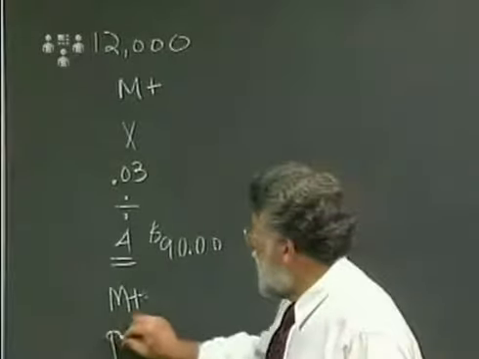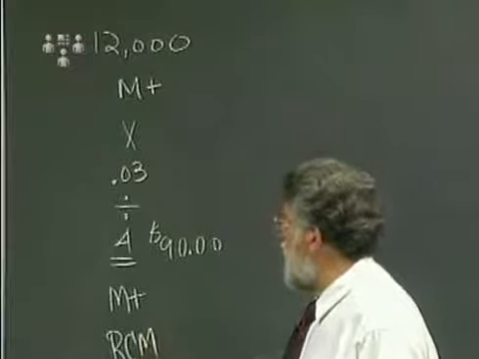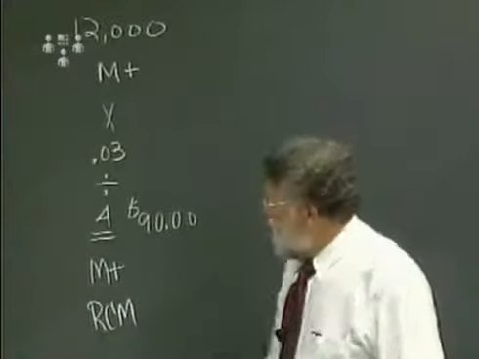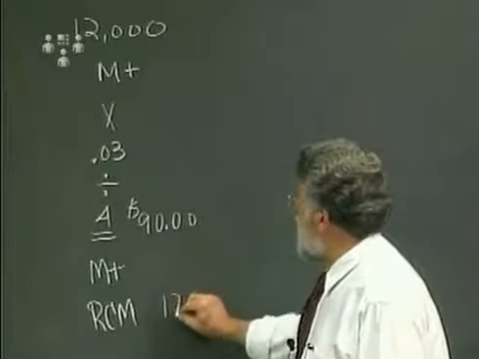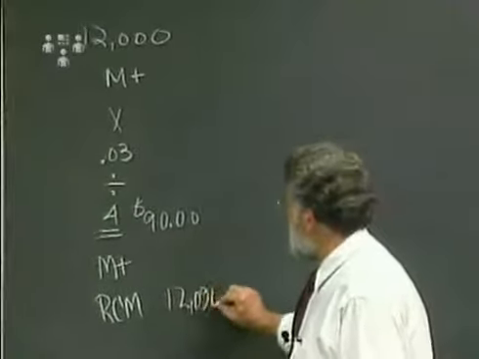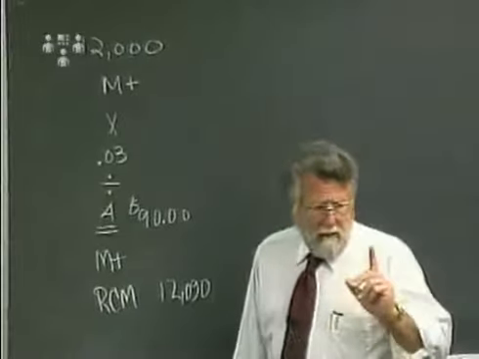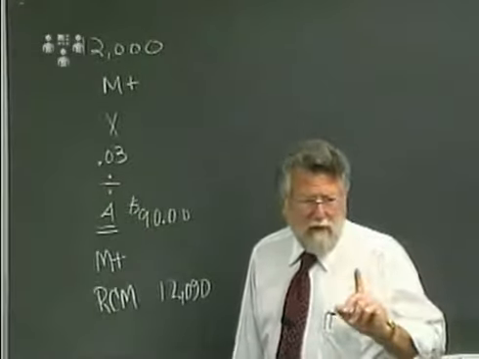Then I recall memory, RCM or MRC, whatever you're going to have there. And you should, when you recall memory, see 12,090. Right? So that's my first time. And that's where you have to say, okay, I've done it once.